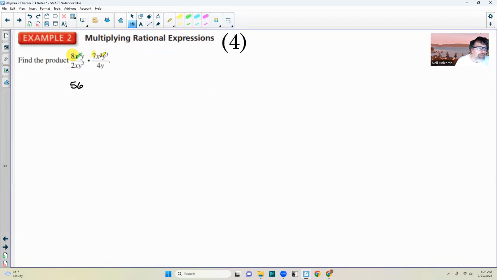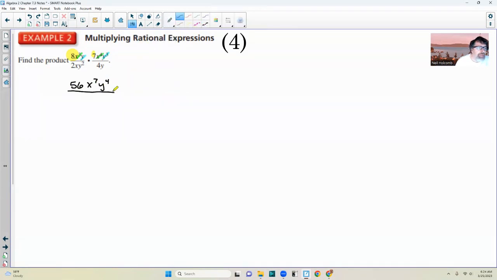X cubed times x to the 4th is x to the 3 plus 4, which is x to the 7. And y times y cubed is y to the 1 plus 3, which is y to the 4th.